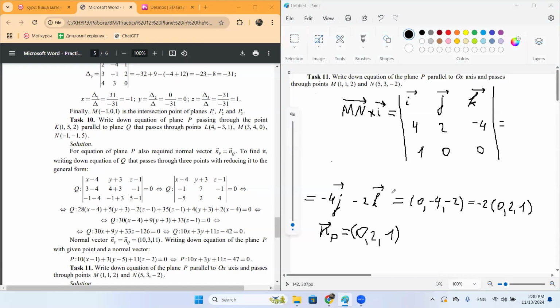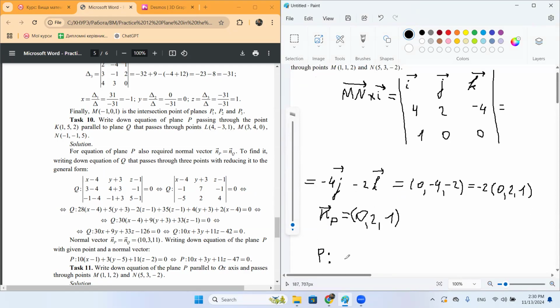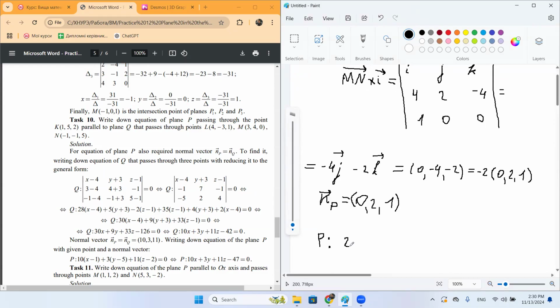Let's use point M. So the equation of the plane P: skipping x, 2 times (y minus 1) plus 0 minus 2 equals 0.